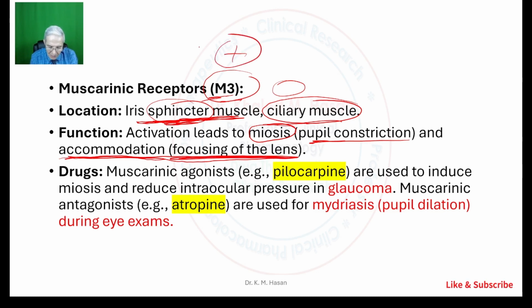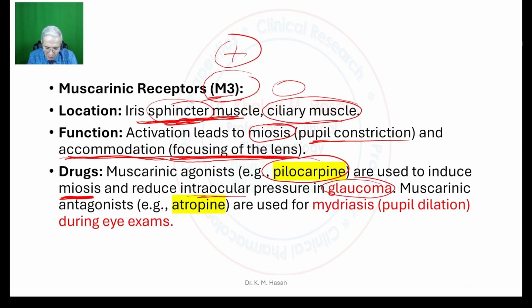Here we need to remember that. For medication used, for example, we have a medication that stimulates M3 receptor. We have pilocarpine. So pilocarpine causes miosis and spasm of accommodation. We use it, you can see it here, pilocarpine used to induce miosis. Pilocarpine reduces intraocular pressure and may be used for glaucoma, especially acute glaucoma or refractory glaucoma.